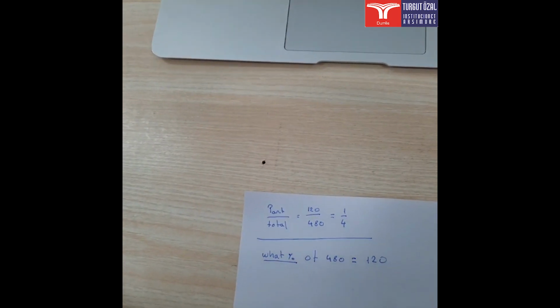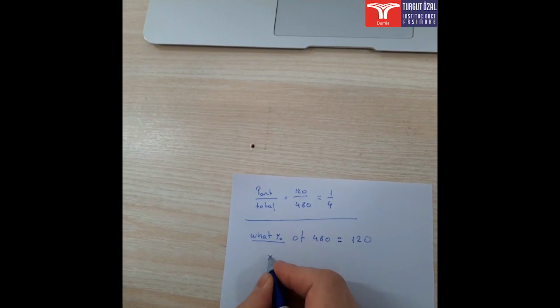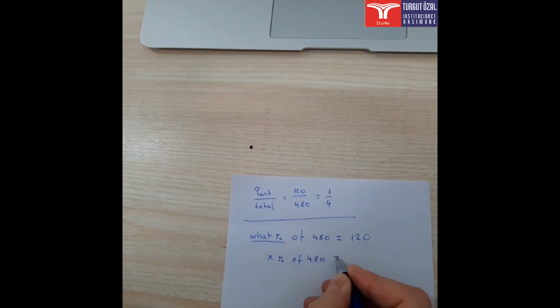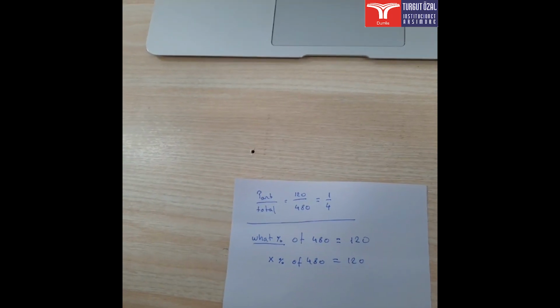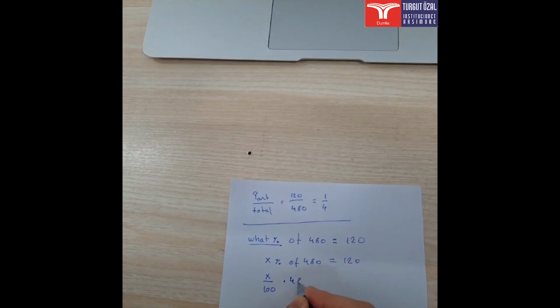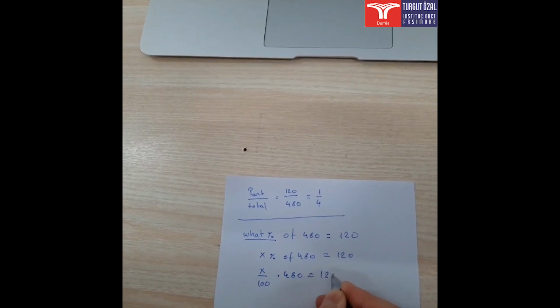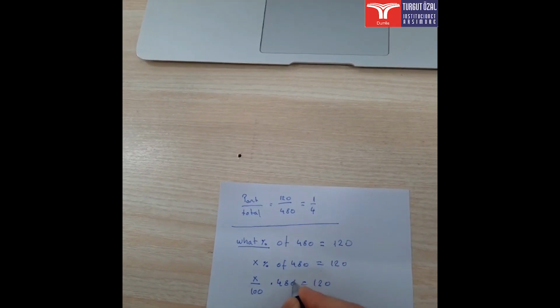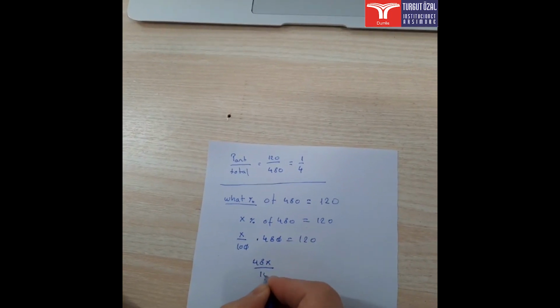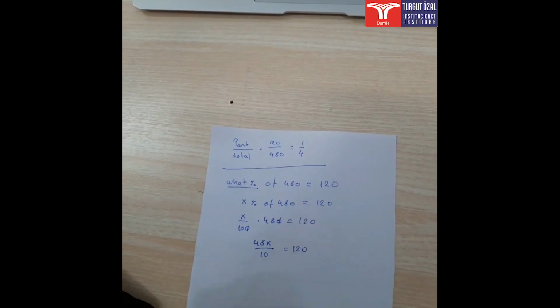I don't know the percentage, so x percent of 480 is equal to 120. x over 100 times 480 is equal to 120. 48x over 10 is equal to 120.